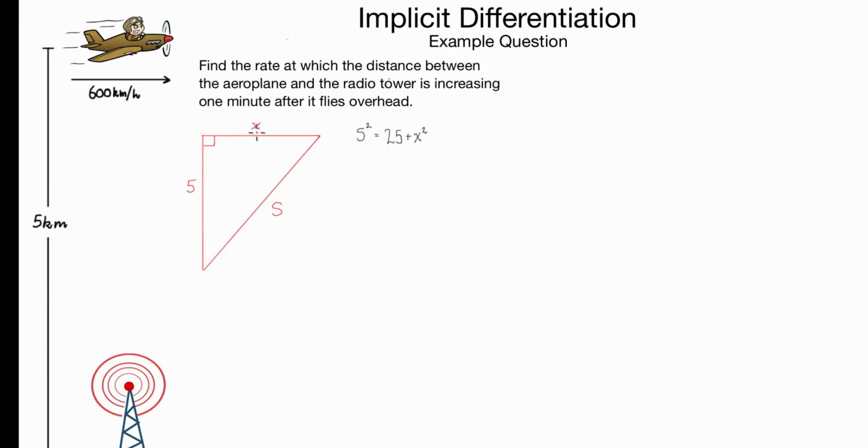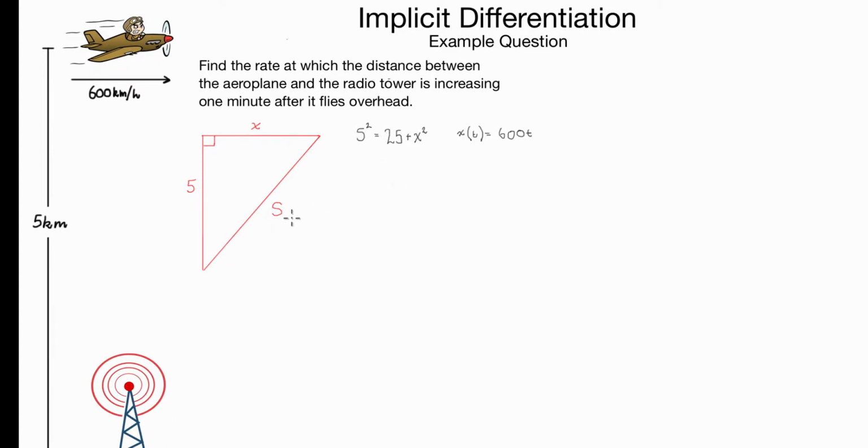Now, X is going to be a function of time. And we know that the plane is going 600 kilometers an hour. So X is going to be 600 times the time, where time is in hours.